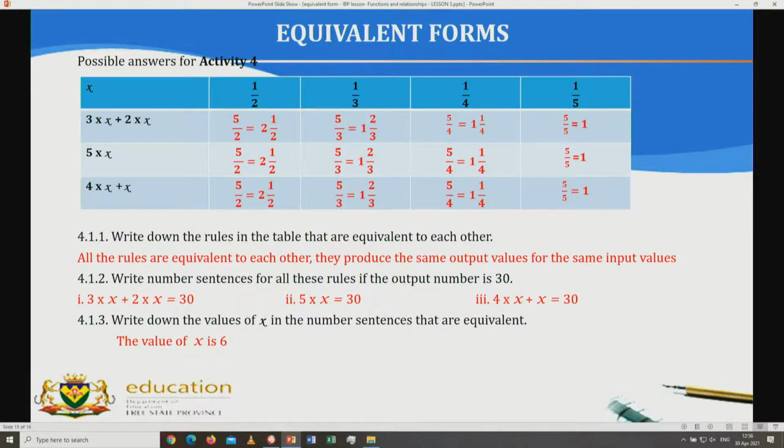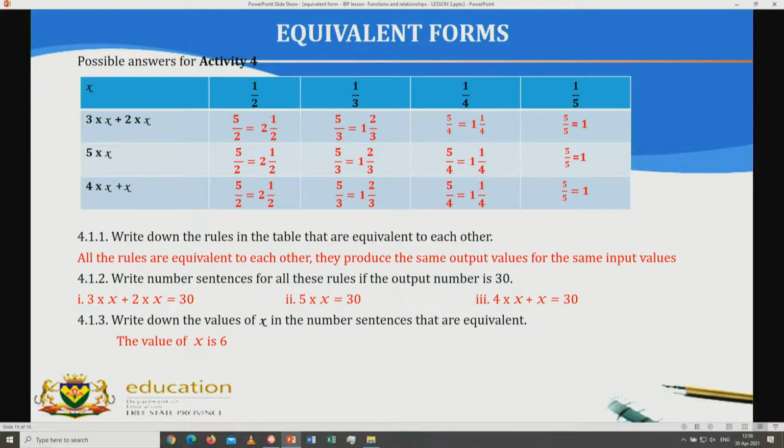Then number 1, we have 3 multiplied by x plus 2 multiplied by x. Remember they said the output value there is 30. Then let's take number 2. It says 5 multiplied by x equals 30.